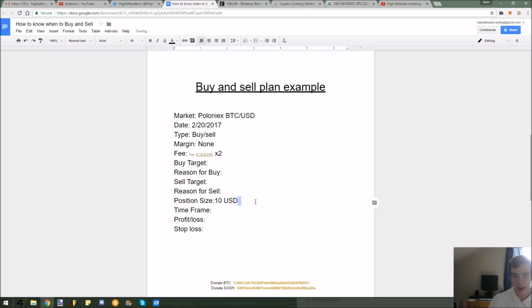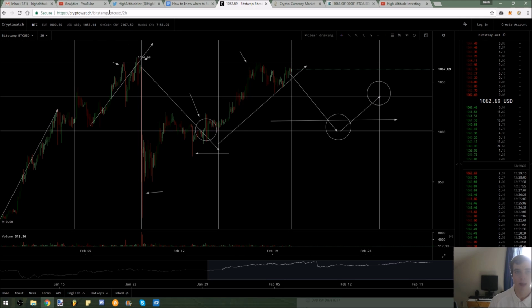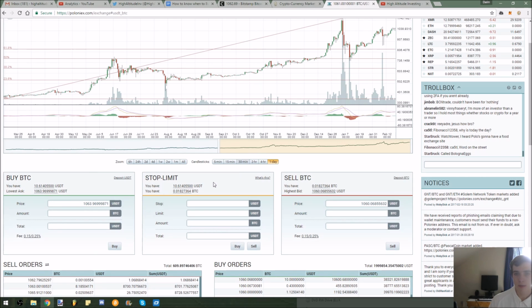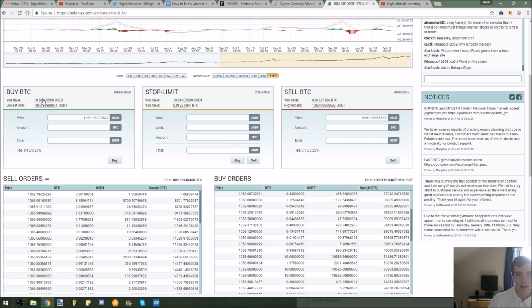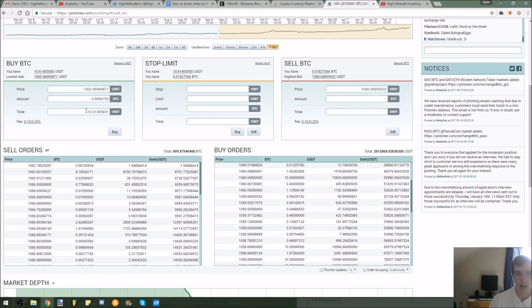And again, make sure you put that in because of the price movement. Now I click on this on Poloniex, so that gives me 10 down here in the total.